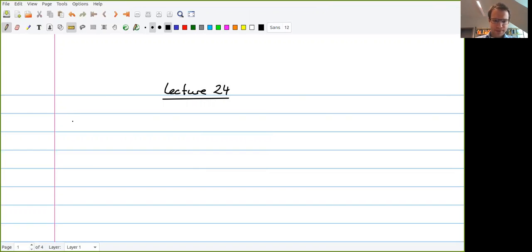So what we want to understand is, well, we have a financial position. So this was, in our context, a random variable which is assumed to be at least integrable.